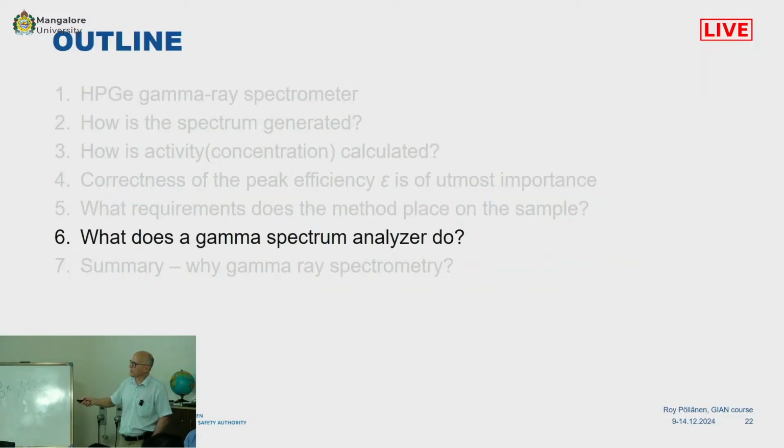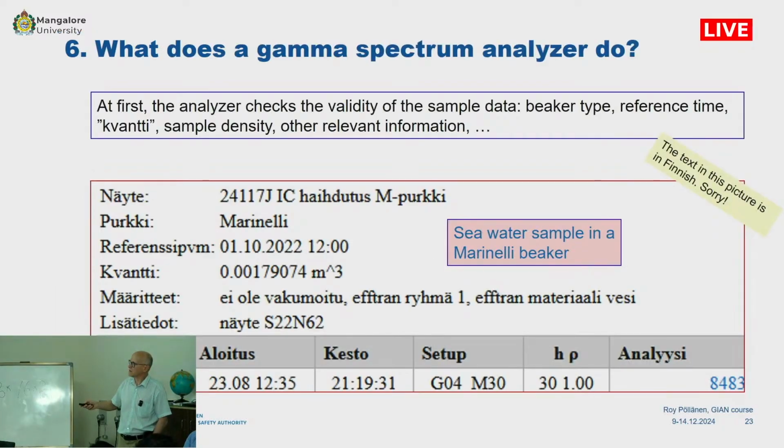As explained later, I want to explain this later. What does a gamma spectrum analyzer do? At first, the analyzer checks the validity of the sample data. I mean, beaker type, is it correct? This refers to the efficiency. Is the reference time okay? We have seen some mistakes happen.